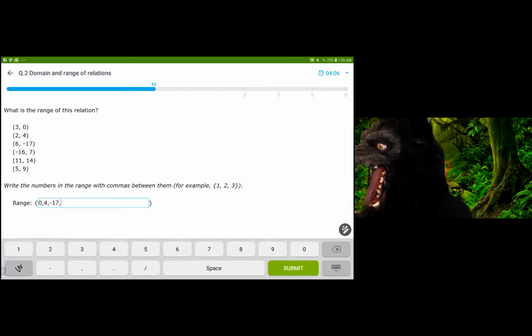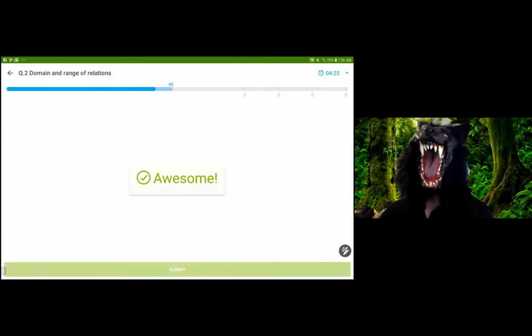I'm going to list them in order so I don't miss any. 7, 14, and 9. Double check my list here. 0, 4, -17, 7, 14, 9. Yep, looks good.